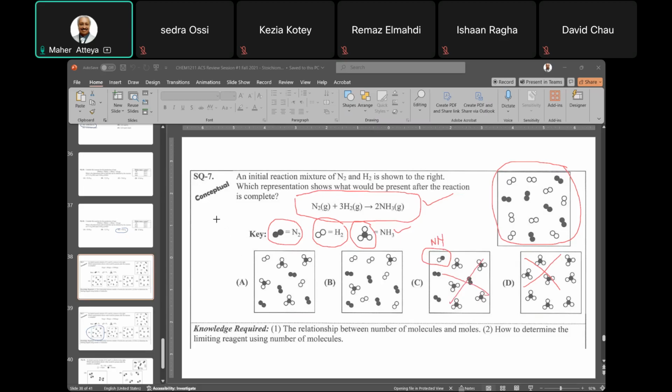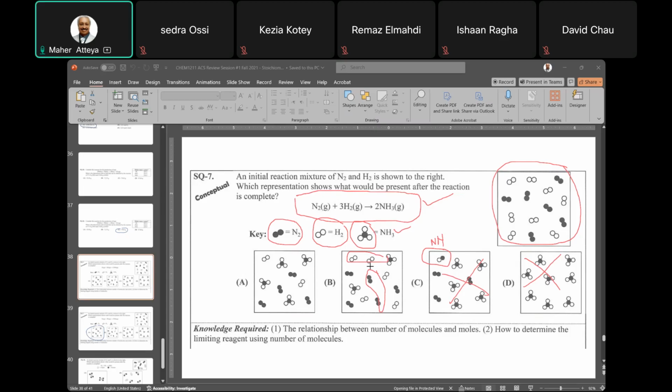Okay, so how about B? Well, in B, both reactants are there. This is hydrogen, and those are nitrogen. That's not the case, as we say. If you have a chemical reaction, one of the reactants will be disappearing, and one will stay in excess.